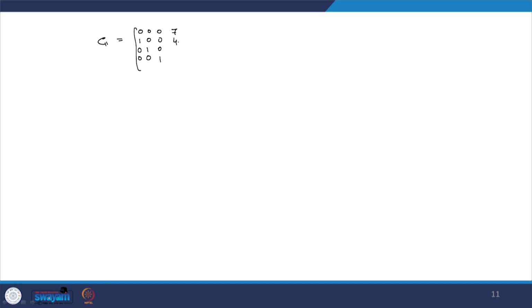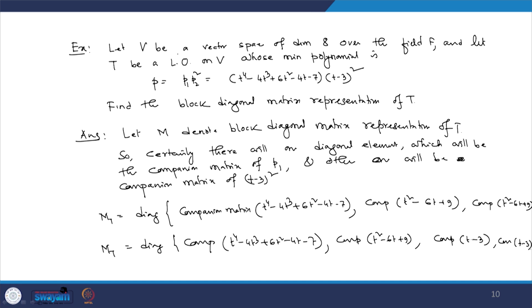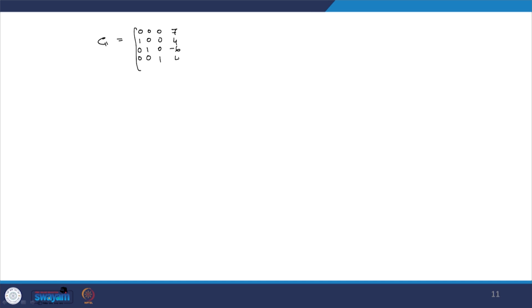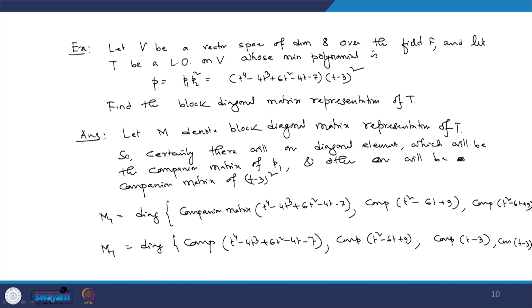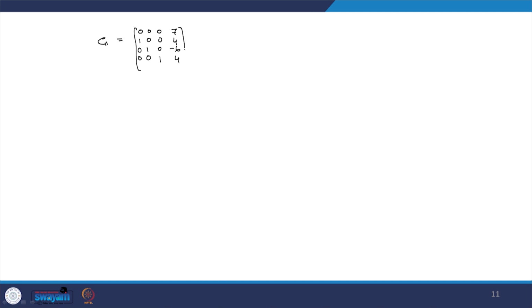So, the companion matrices are related to p1.